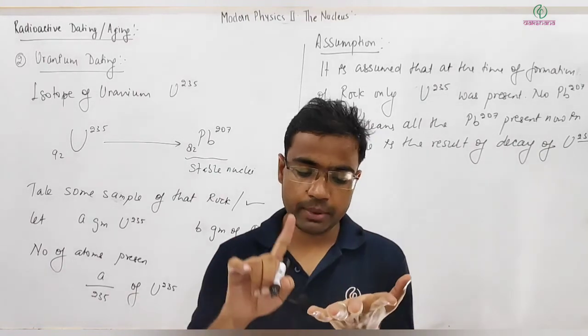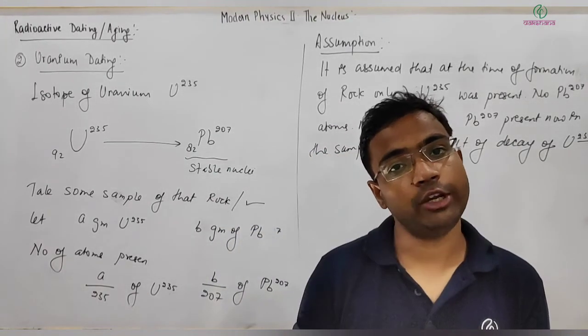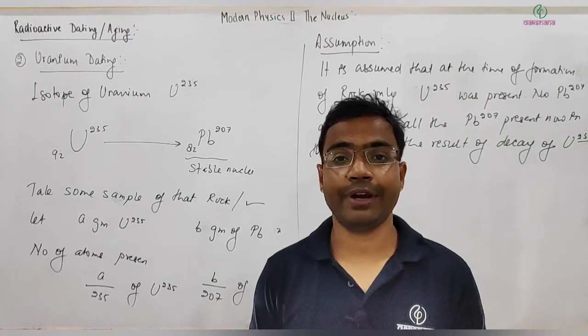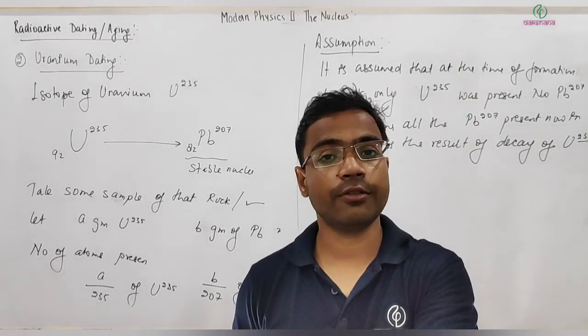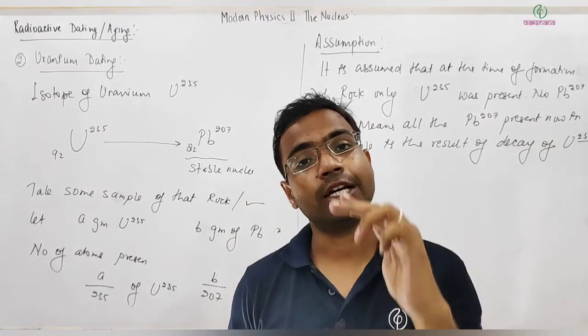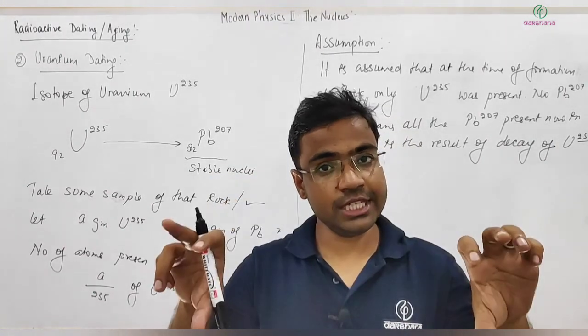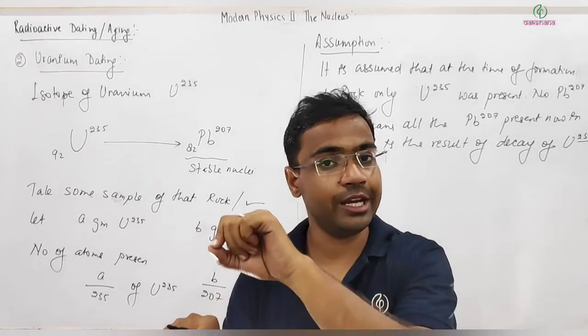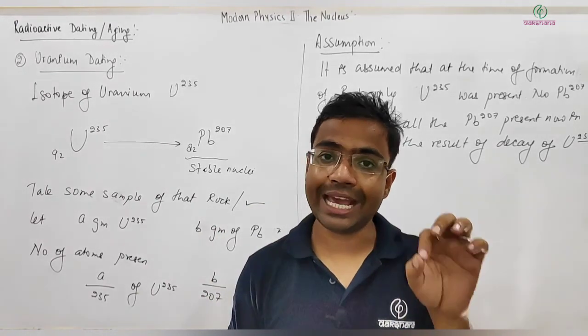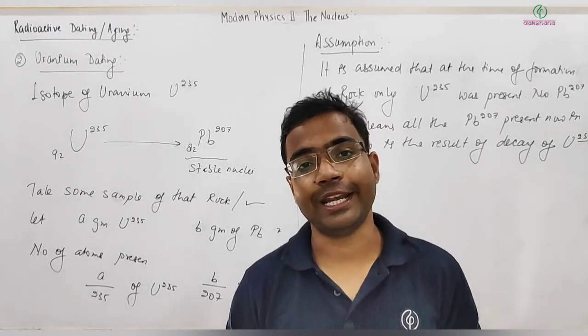So now we have the number of atoms of the radioactive element, uranium-235, at the formation of the rock, and the number of atoms of uranium-235 present now. And when we have these two things, we know the relation from the radioactivity decay law, that N equals N naught e raised to power minus lambda t.